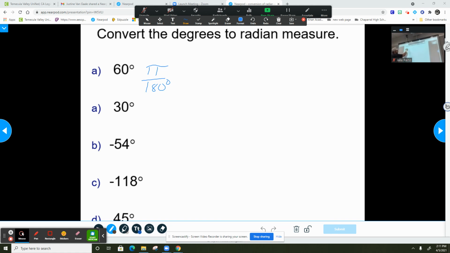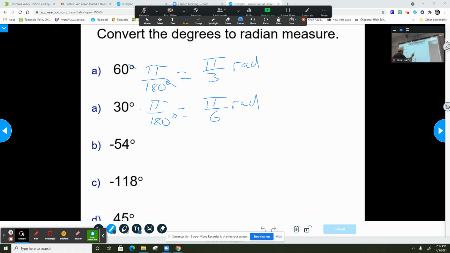That's how you know to put the 180 degrees on the bottom. So 60 over 180 is 1/3, that's just pi over 3 radians. And again, you just put RAD for radians. All these are times pi over 180, so that'll be pi over 6.